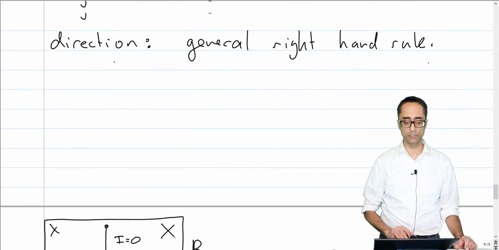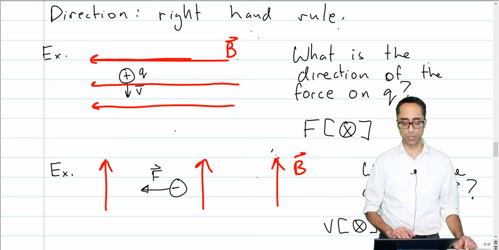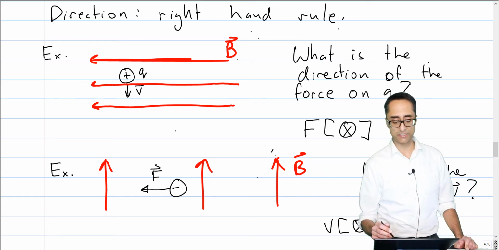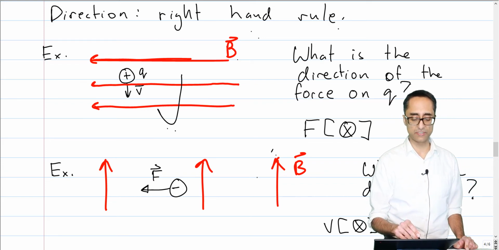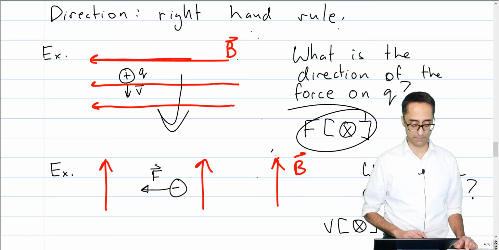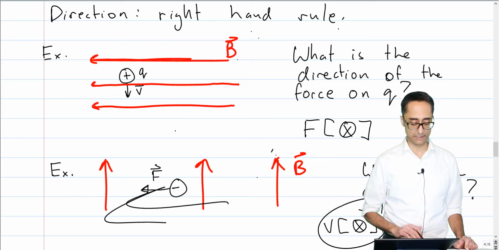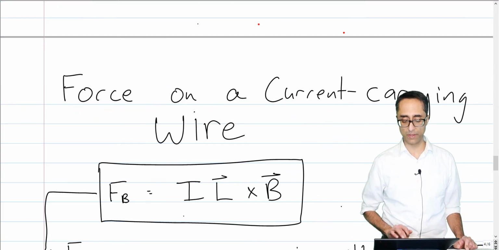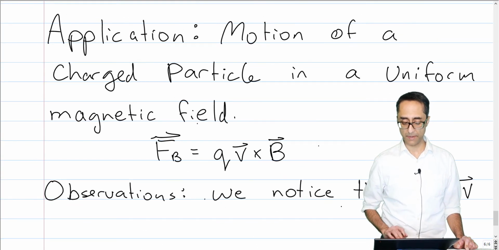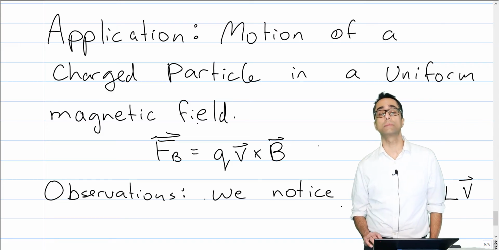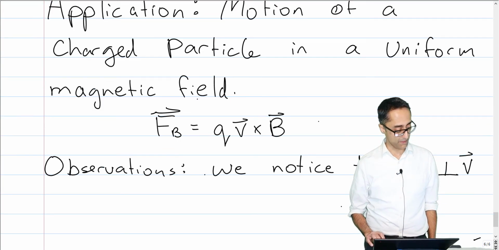Let's take a quick look to just jog our memory. That's exactly what we did here. You can see that velocity was down and F was into the page. Here we had F to the left and V into the page. Again, 90 degrees away from each other. And that's what we expect with a cross product. A cross product, the product is always going to be 90 degrees from the others.